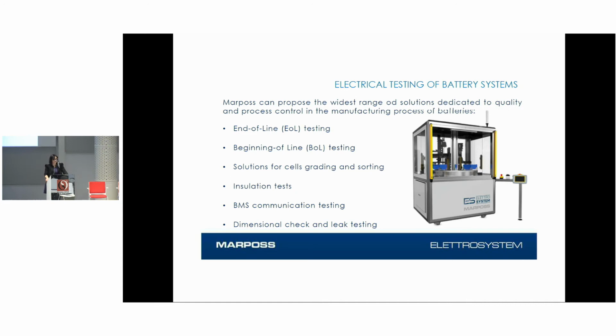Solutions for cell grading and sorting, that means not only the mechanical part of the machines, but also the software development of it. The installation test, like just a station, a standalone machine, or integrated in line. The BMS communication testing, and of course, the dimensional check and leak testing of these components.